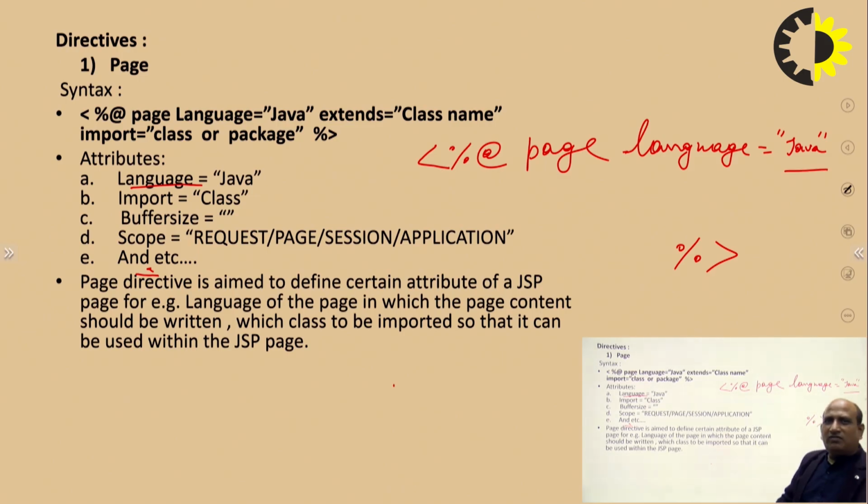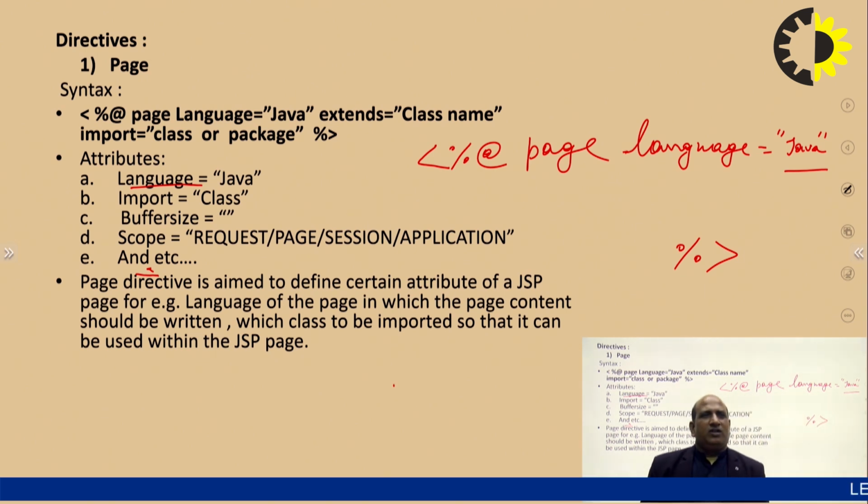So the compiler will check whether the syntax of the Java language has been followed or not, and depending upon that, an error may be generated. So language specifies the language name that the scriptlet tag and declaration tag will follow.